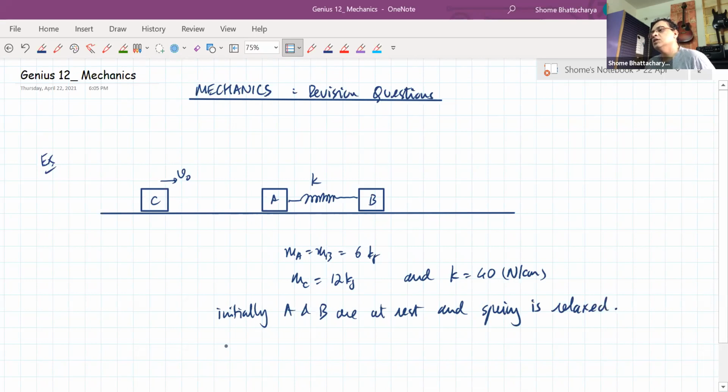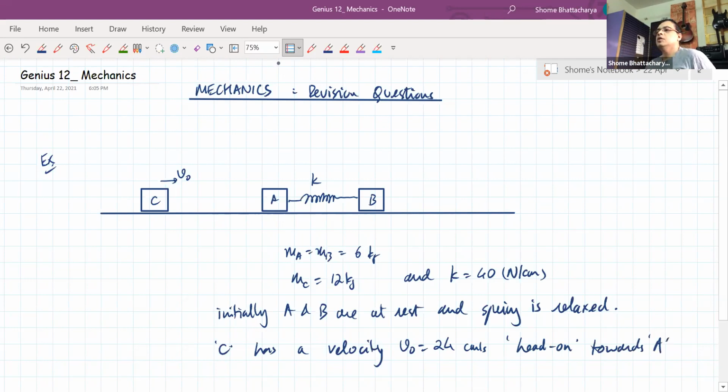C has a velocity v naught equal to, let us say, 24 centimeters per second, head on towards A. Now the collision occurs between them, and let's say we are given some coefficient of restitution.